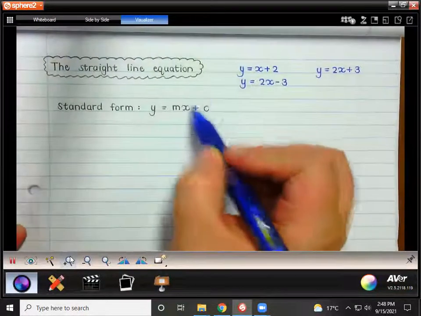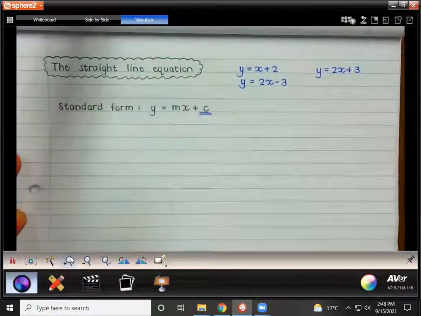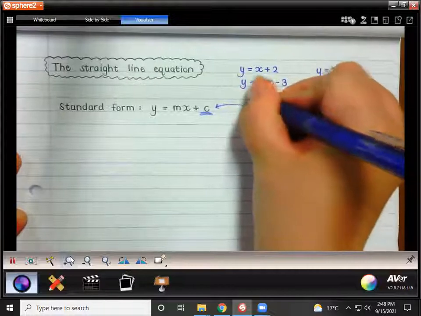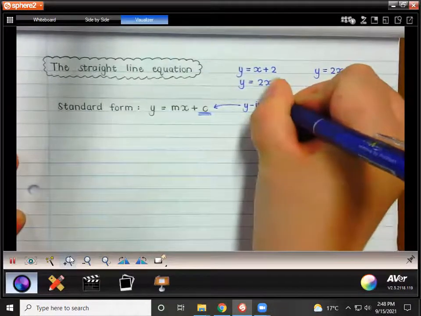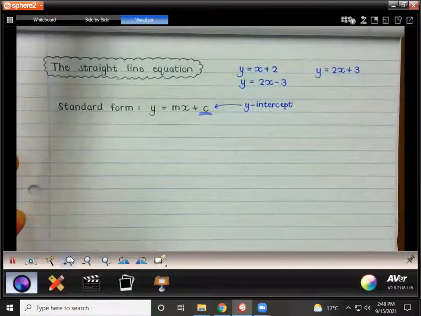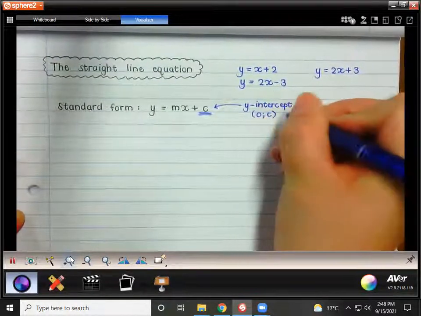Okay, so our c value, the constant term in this equation, will give us the y-intercept of the straight line. And the point will always have those coordinates.